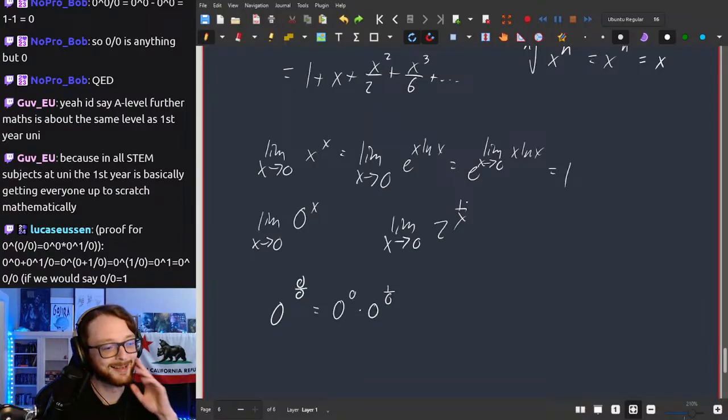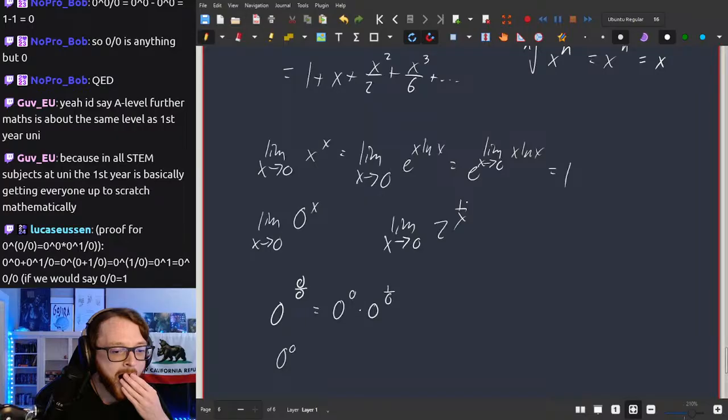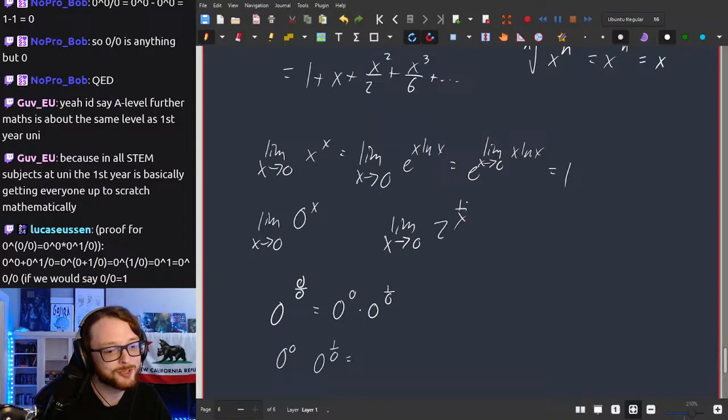Oh gosh, all right. Focus. Another string of ones and zeros. Let's see. 0 to the 0. Oh, so you're doing 0 to the 0 plus 0 to the 1 over 0. You're factoring... Oh, wait, no, this should be multiplication here, if you want to add the exponents.